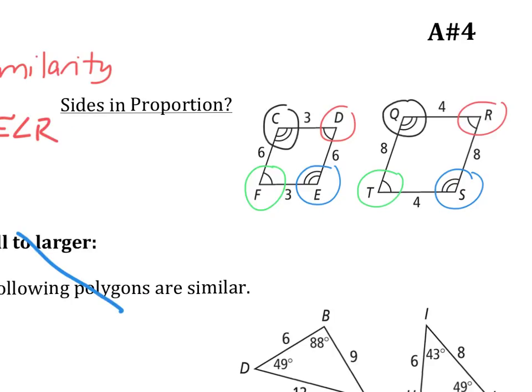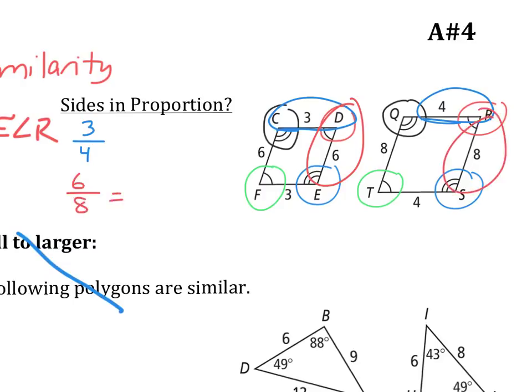Now here's the fun part. I'm just going to check to see if the corresponding sides are in proportion. So notice the CD here is 3, and that corresponds to this 4 over here. So that fraction is 3/4. Now I'm going to keep going. This here gives me a 6 over the 8 there. I'm going to go ahead and reduce. Oh, look, 3/4, 3/4.